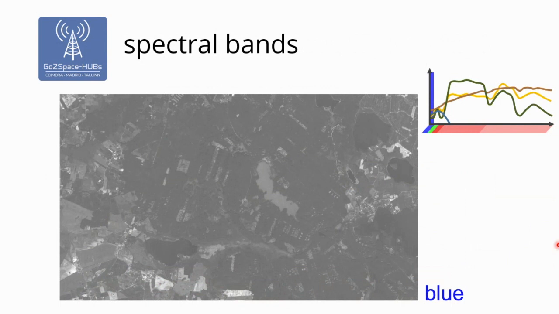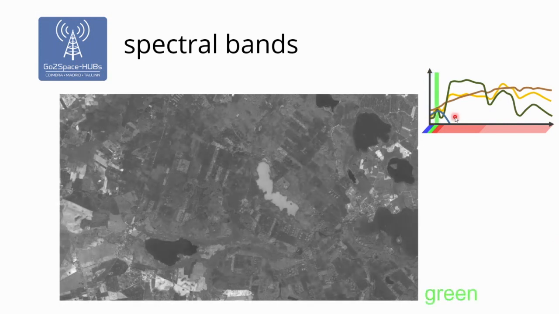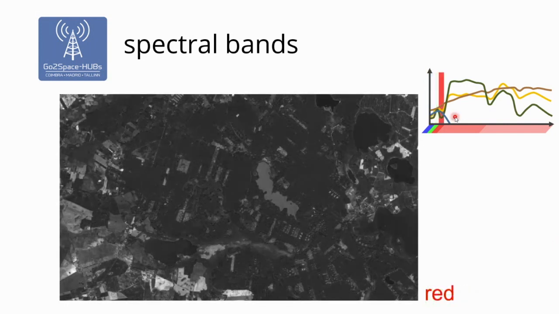We can see it's gray, but blue image means in this case that it contains the reflectance in blue band of the spectrum. So only this part we could enlighten in blue, and this is how we could see it. So here we have a green band, a bit different, of course, because it's a different band.